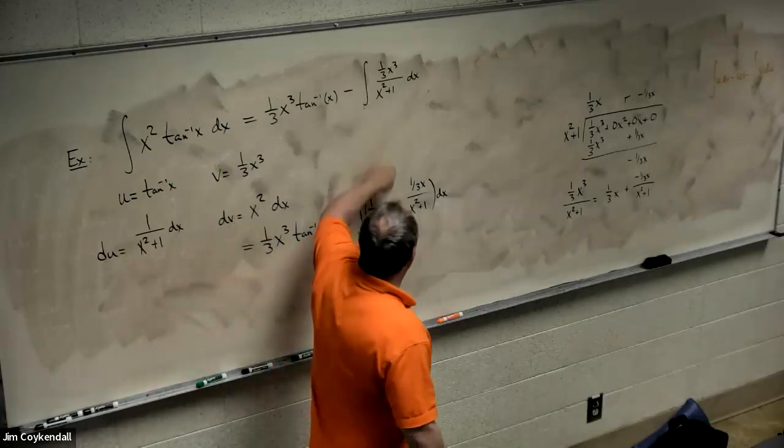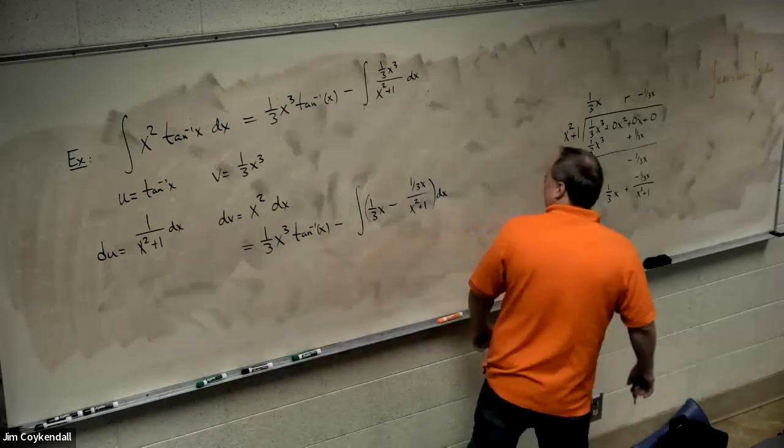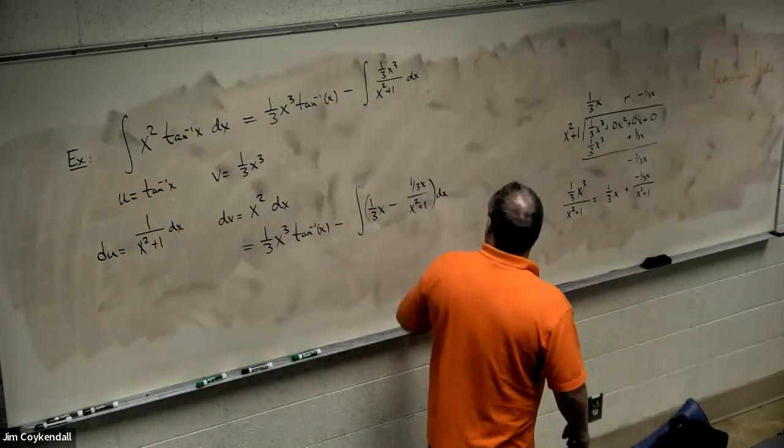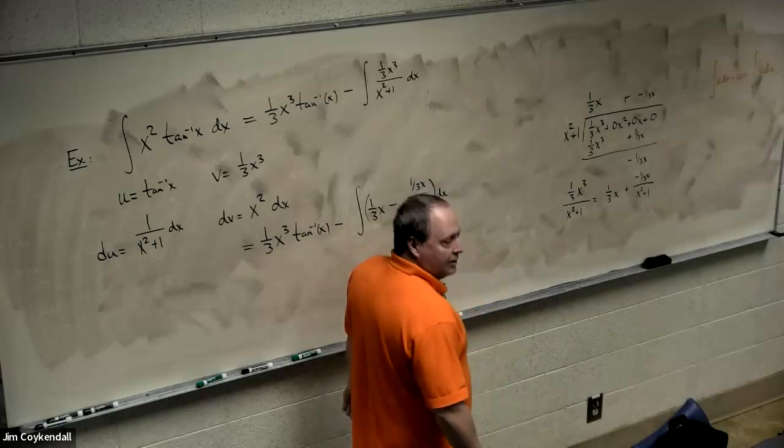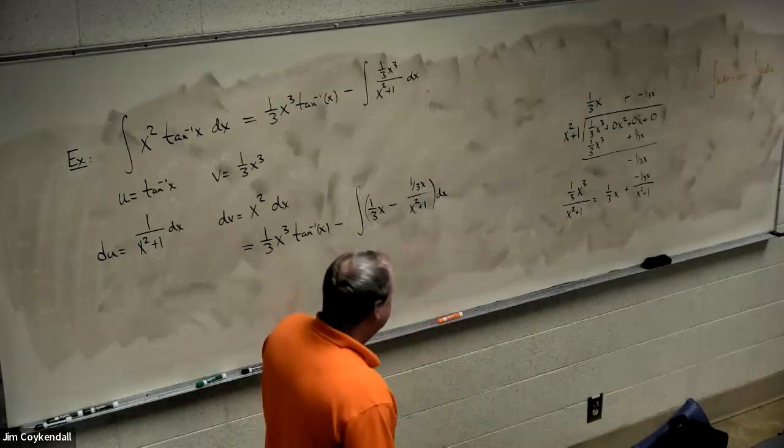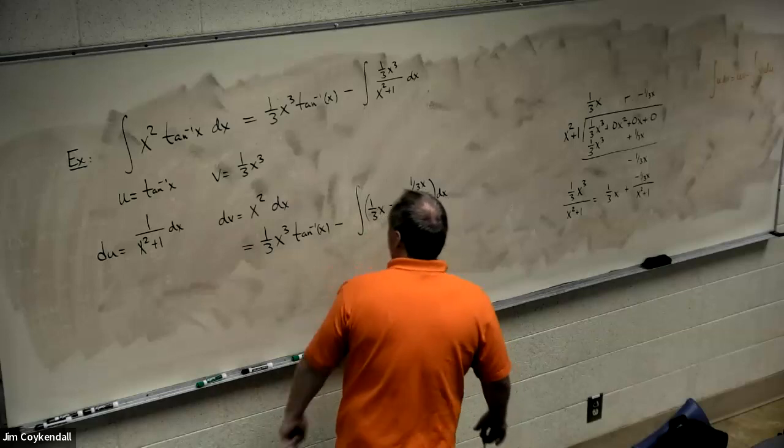That's just my algebraic rewrite. Now pull that minus out. Now I can integrate this.